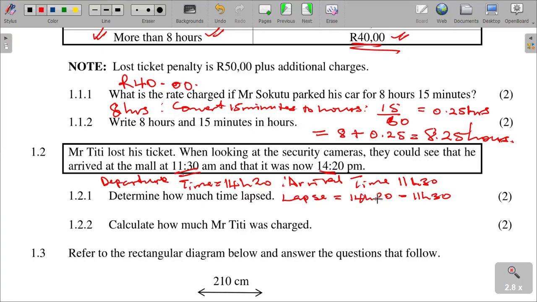If we subtract that, the lapse time is equal to 2 hours 50 minutes. That is the lapse time here.